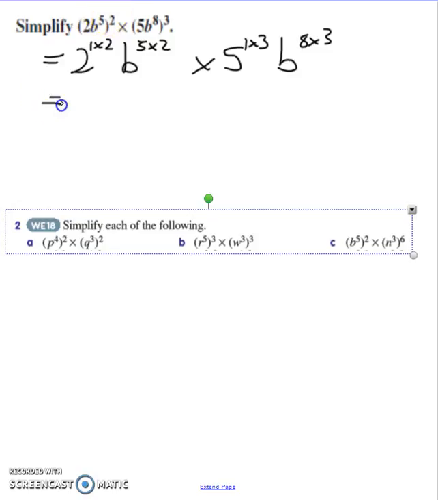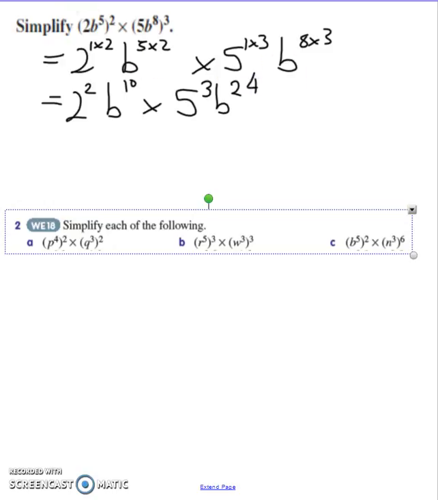So if we simplify that one, you've got 2 to the power of 1 times 2, so it'll be 2 to the power of 2, b to the power of 10, times 5 to the power of 3 times b to the power of 24. So what we can do is actually forget about that times symbol there.